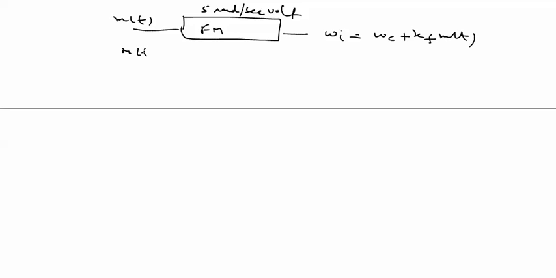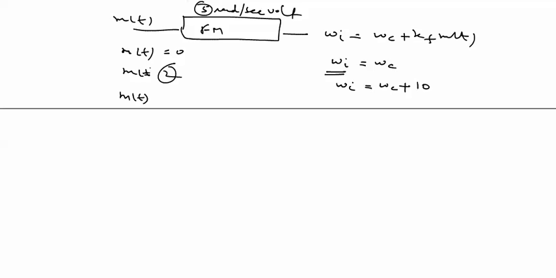If m(t) is 0, the instantaneous frequency is omega c, the basic carrier component. If m(t) equals 2, the instantaneous frequency is omega c plus 10, because 5 multiplied by 2 is 10. If m(t) is 5, omega c plus 25.